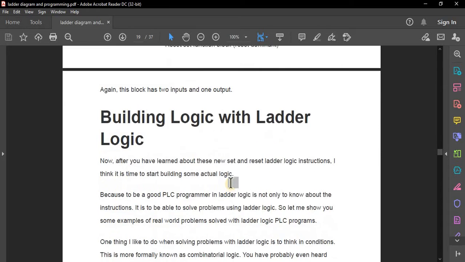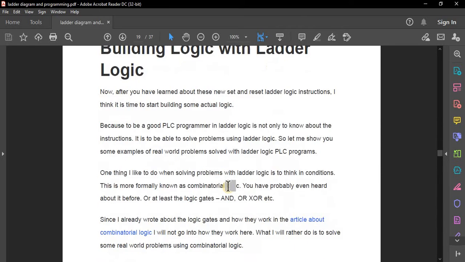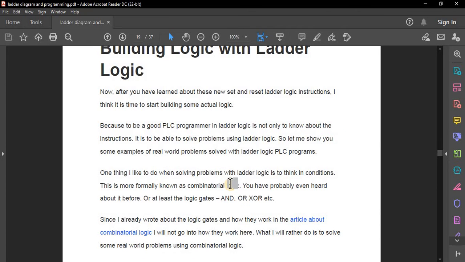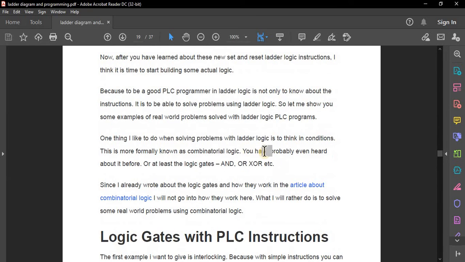As you have learned about the set and reset logic instructions in ladder, I think it's time to start building some actual logic.